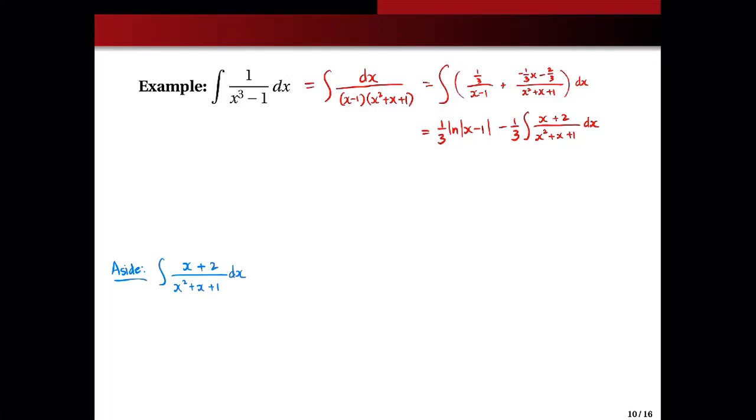Here's what we're going to do. We separate the two guys. So this will be equal to the integral of x over (x squared plus x plus 1) dx plus the integral of 2 over (x squared plus x plus 1) dx.